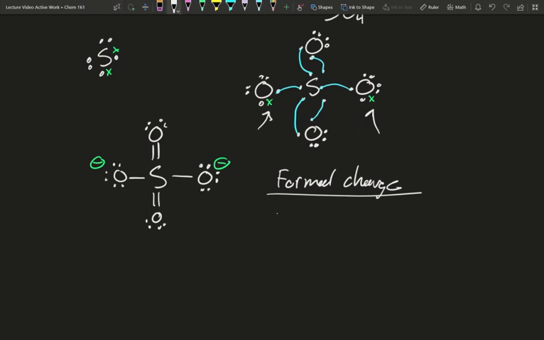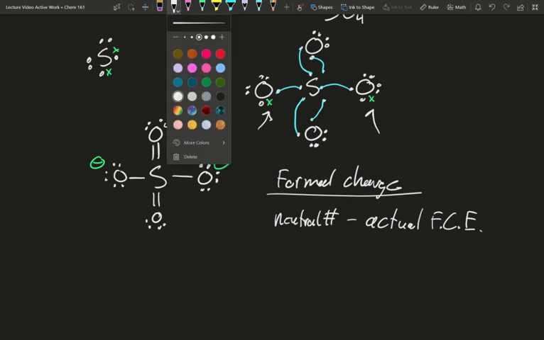But basically it is the expected when neutral, so the neutral number, minus the actual formal charge electrons. Now, formal charge electron is a little bit different than octet.